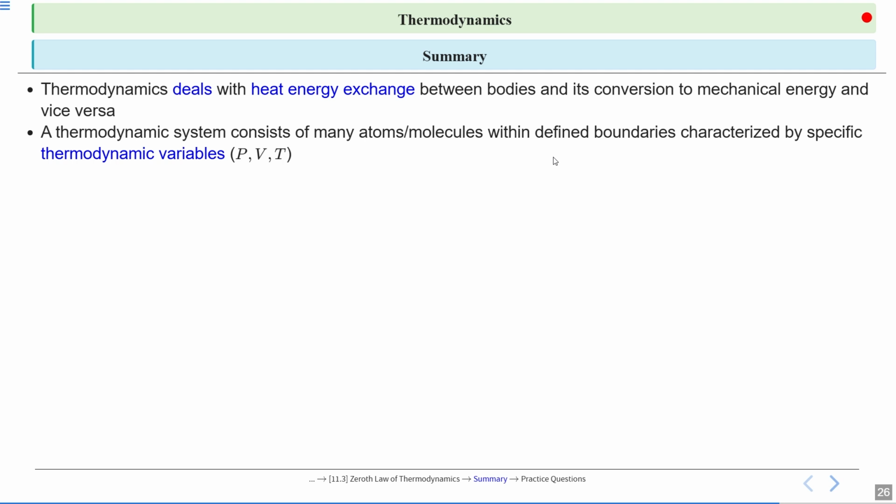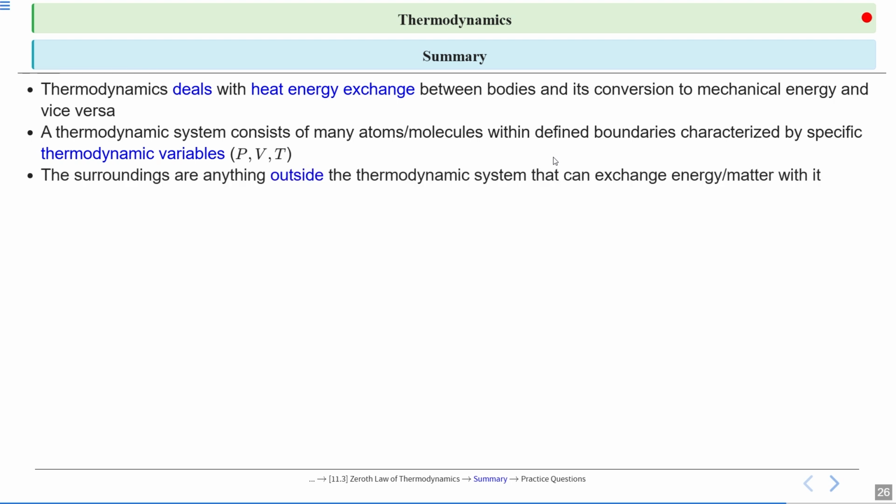A thermodynamic system consists of many atoms and molecules within defined boundaries, characterized by specific thermodynamic variables like pressure, volume, temperature. All right. The surroundings are anything outside the thermodynamic system that can exchange energy or matter with it.